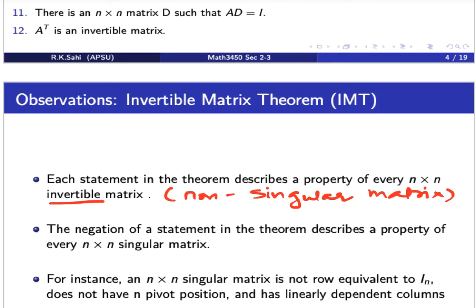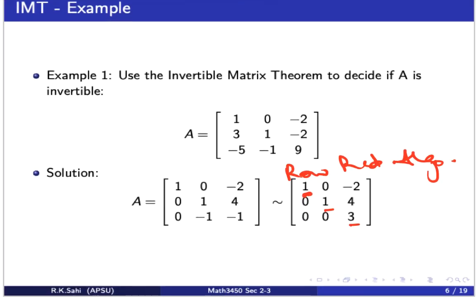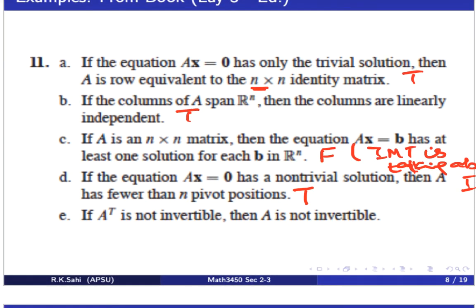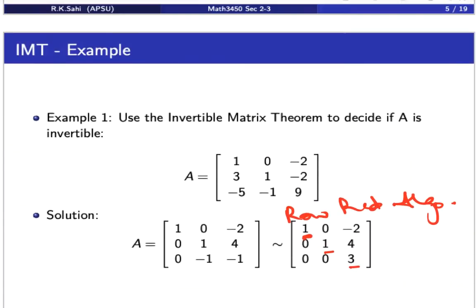Okay, let's go and look at one more. If A transpose is not invertible, then A is not invertible. Very much it is true. Because remember, this is the negation of the IMT.